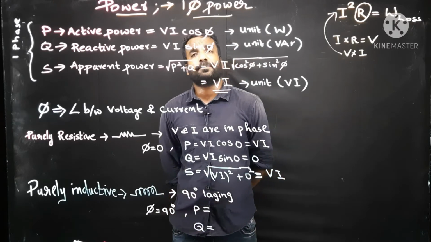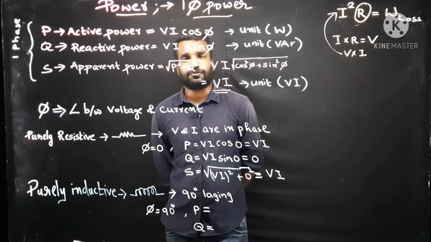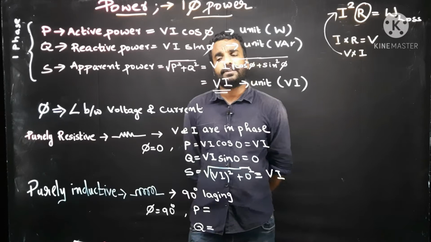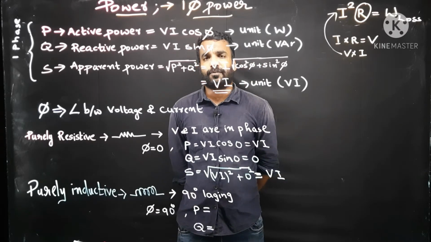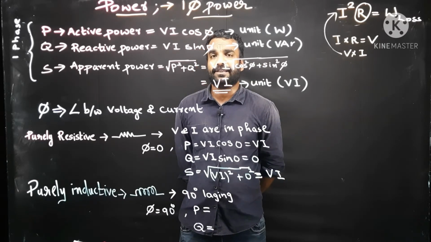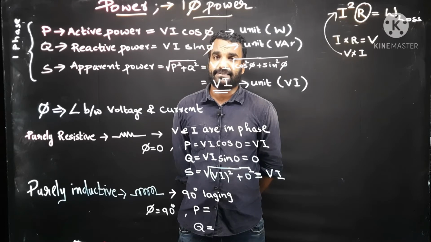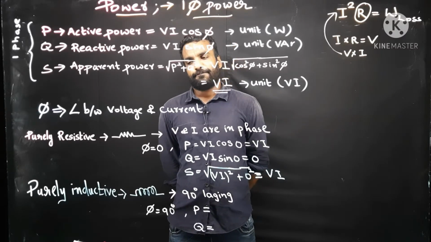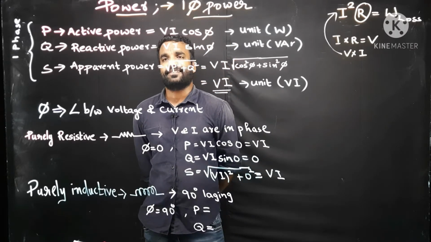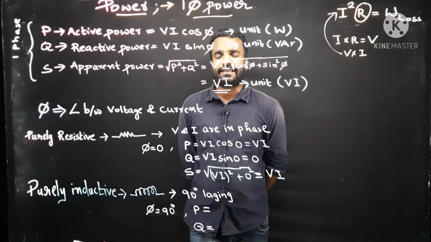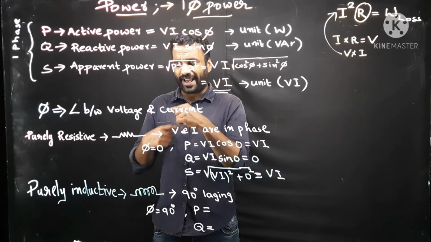But there is one more power, reactive power also. Reactive power is also an important power, but we cannot see it with naked eyes. Why? Suppose we have an inductor and I am passing some small current in the winding.